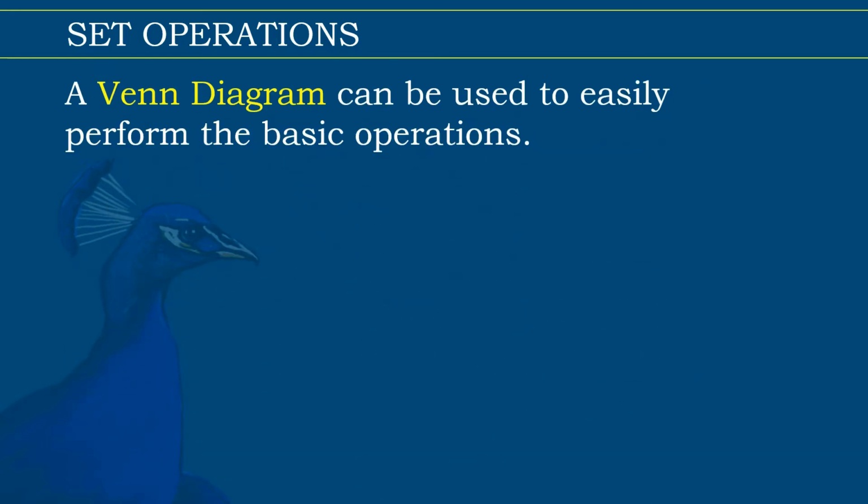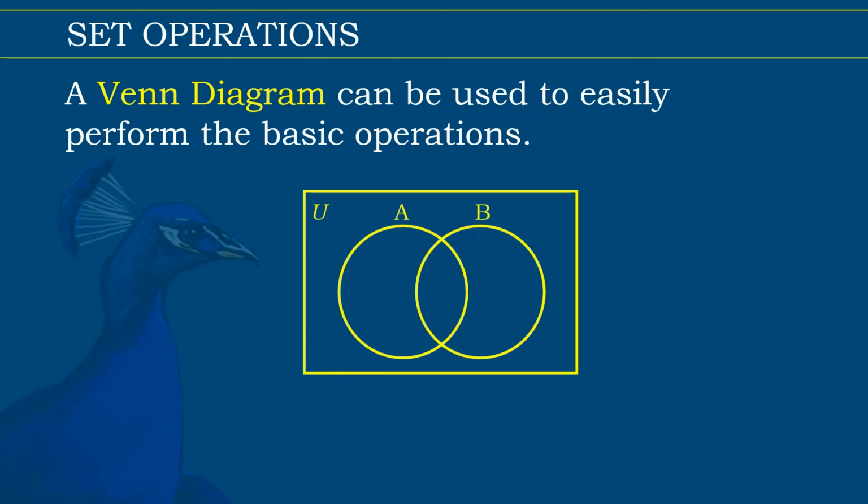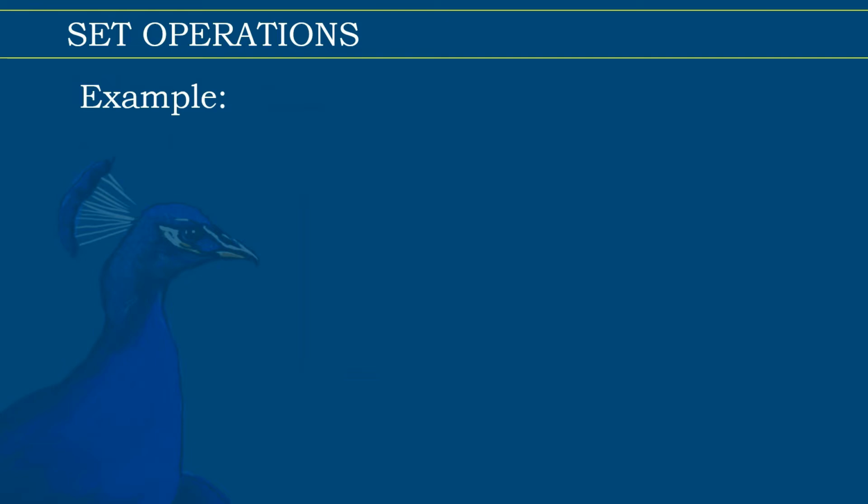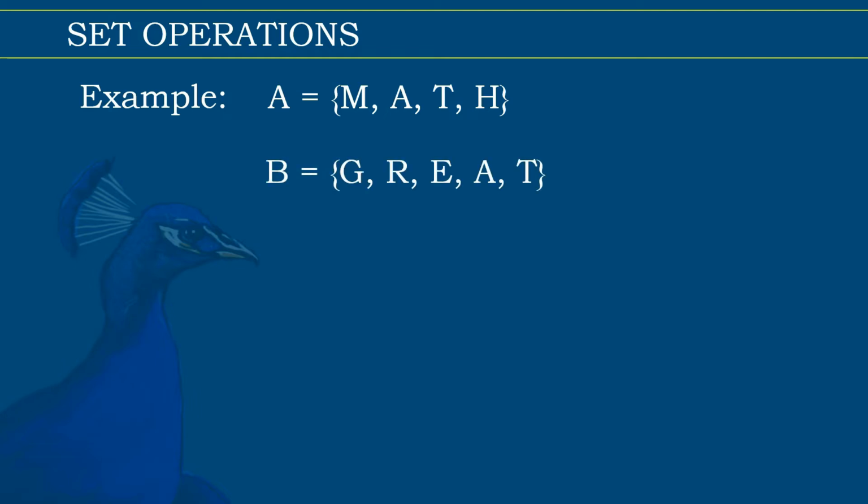A Venn diagram can be used to easily perform these operations. In order to perform these three set operations, let us take A be the set of letters M, A, T, and H, and B be the set of letters G, R, E, A, and T.